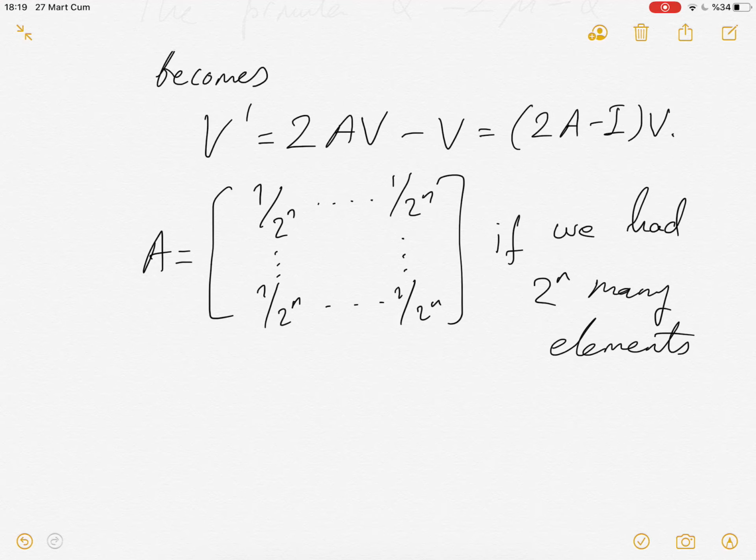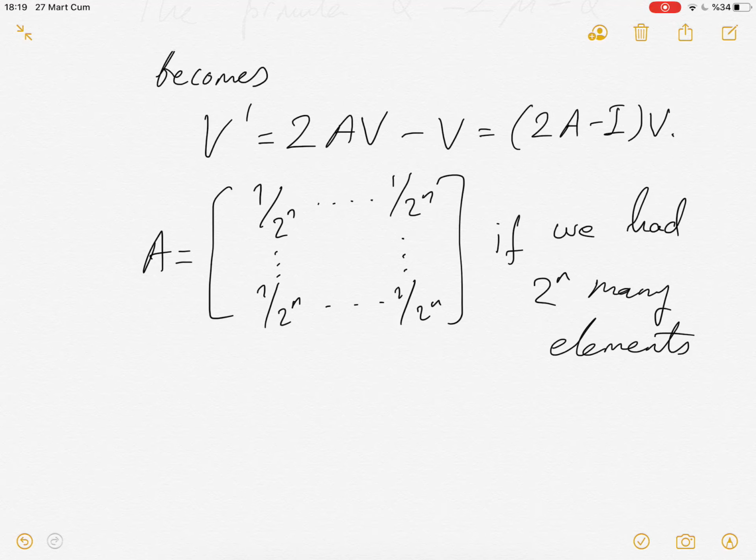After the basis change, we apply the inversion around 0, and then change the basis again so that it looks as if we applied an inversion around the superposition state.